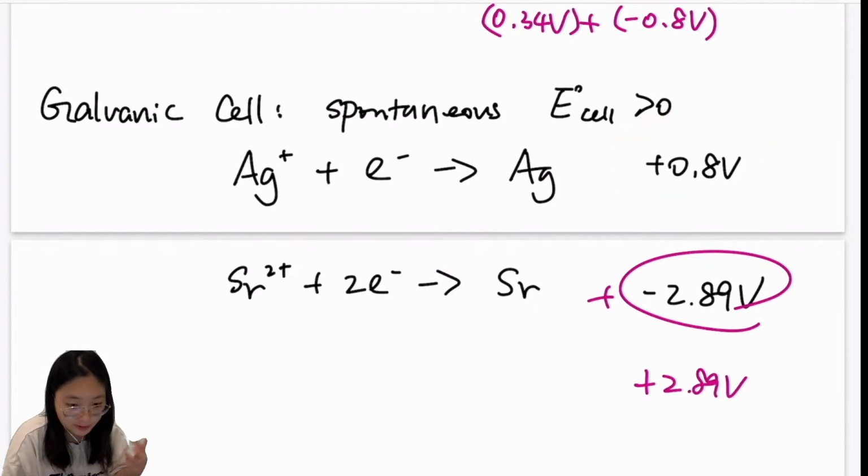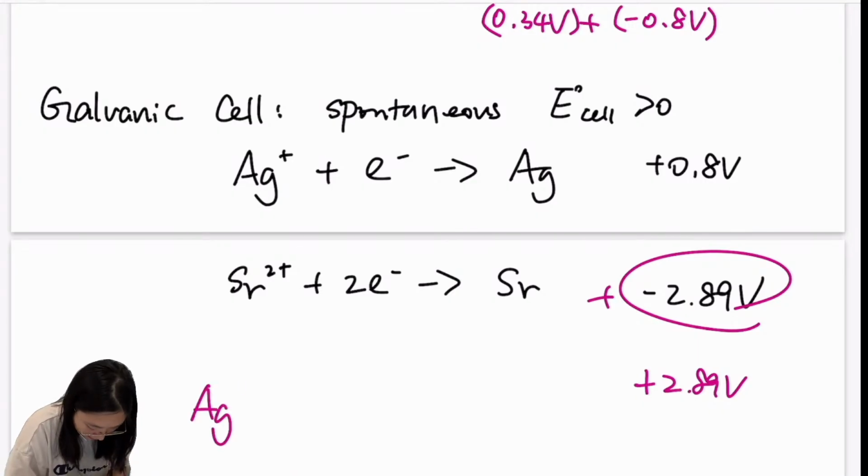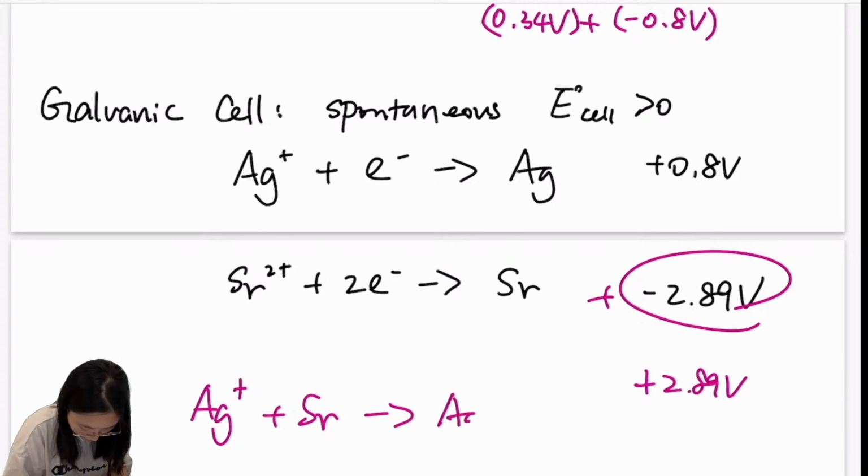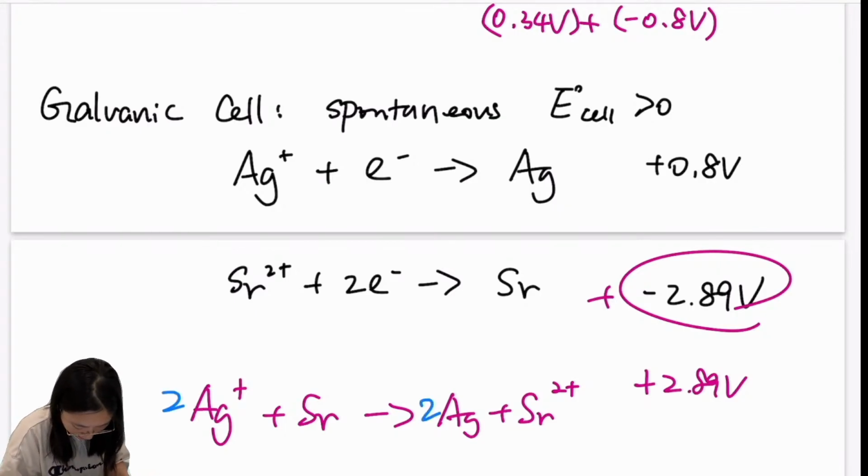So I know that if it's a galvanic cell and a spontaneous reaction, then the redox reaction must be silver cation and cerium atom to produce silver atom and the cerium cation. And then I try to balance it out, and after I balance it, it's 2 in front of the silver ion and silver atom.